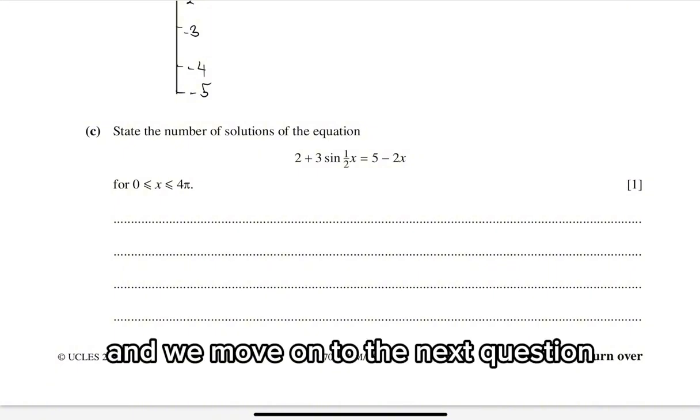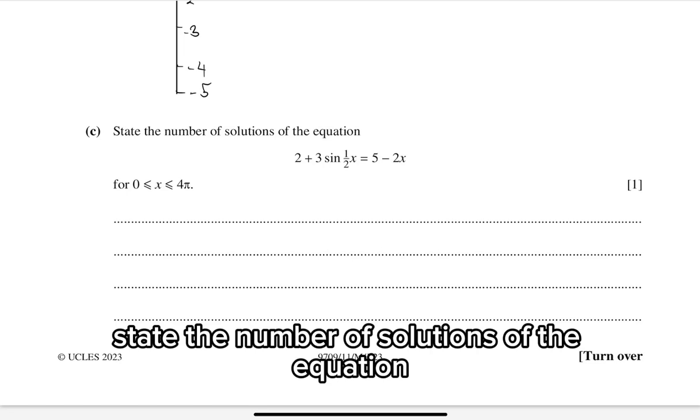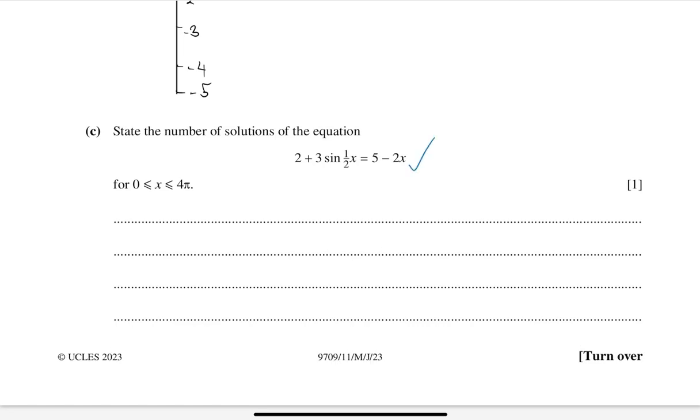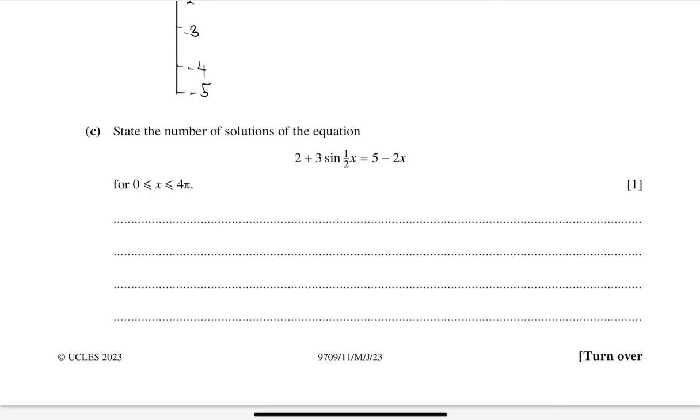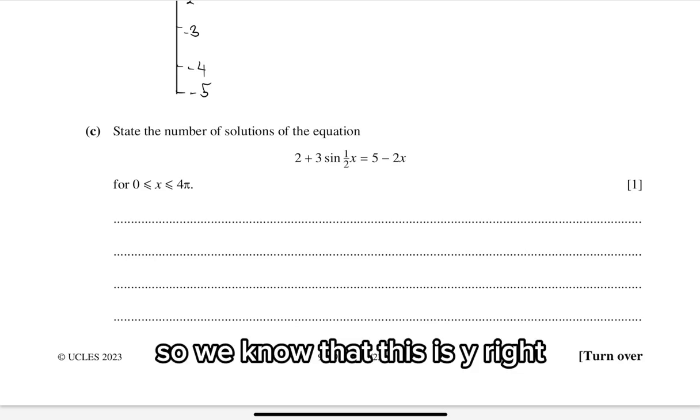And we move on to the next question. State the number of solutions of the equation 2 plus 3 sine a half x equals 5 minus 2x for when, again, x is in this range. So we know that this is y, right?